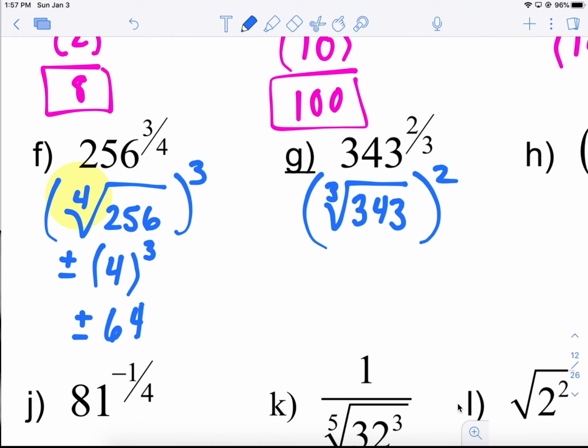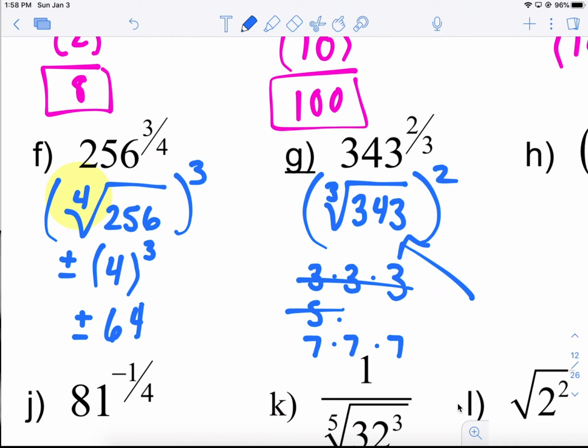So I'm thinking since it's odd, I'm not going to try my even numbers. I'm not going to try 2 and 4. I'm going to start at the bottom and maybe try 3. So 3 times 3 times 3, that would be 9, and then 27. Nope. If it was using 5s, it would have to end in a 5 or a 0. So I know 5 doesn't work. Then I would try 7. 7 times 7 is 49. Times 7 is 343.